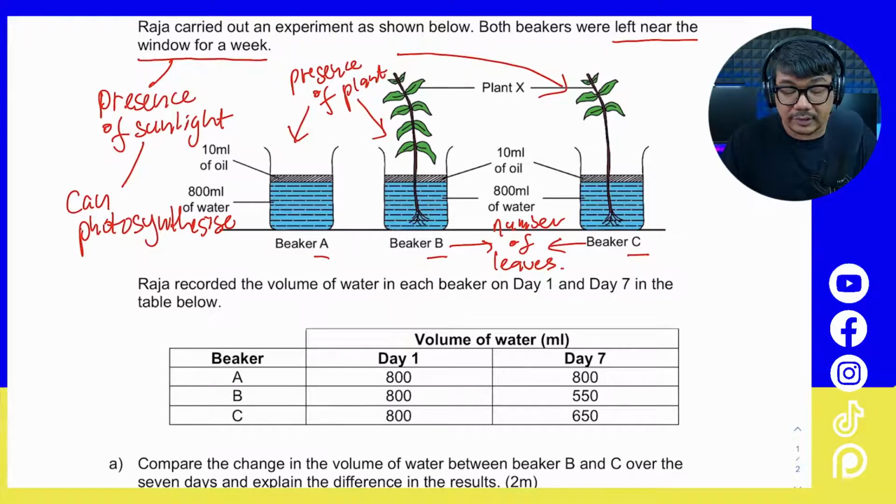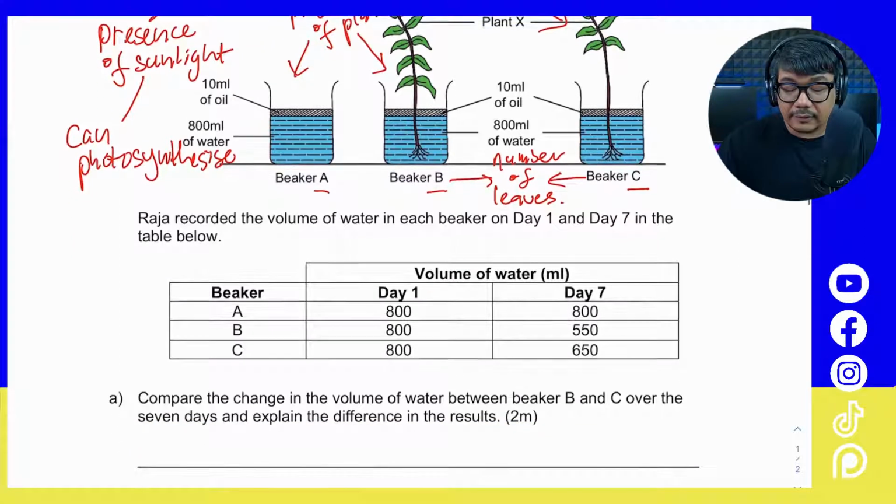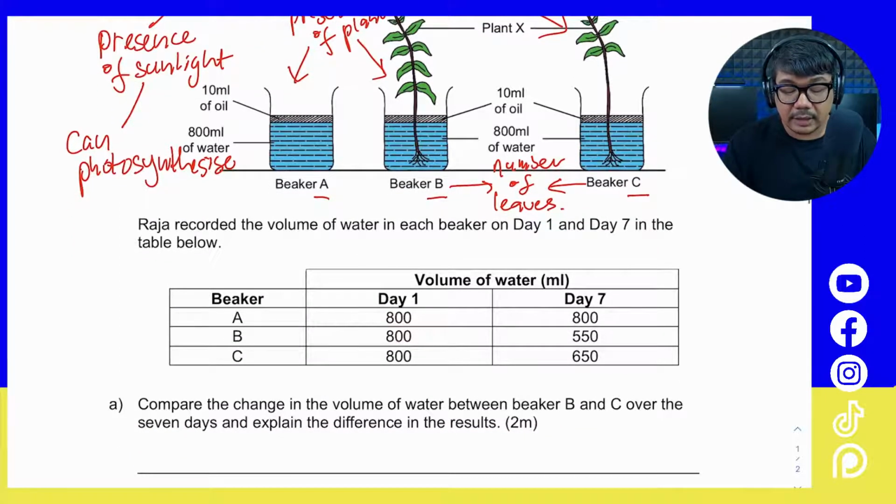Good. So let's continue. Raja recorded the volume of water in each beaker on day 1 and day 7 in the table below. Once we have a table, study the table well and get the information out of it. Let's take a look.